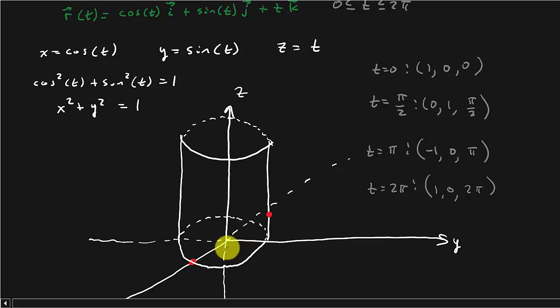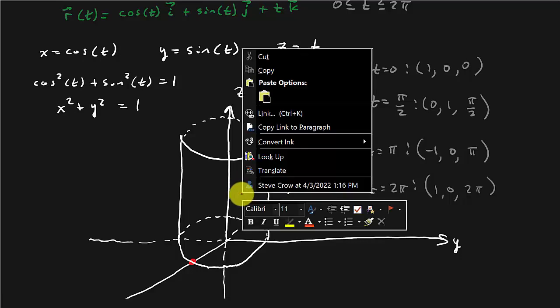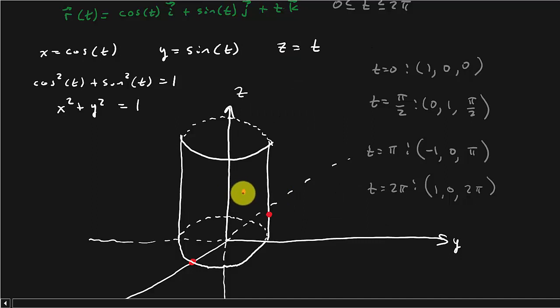All right, now let's plot the point -1, 0, pi. So -1 right here, and the y would be 0, and then we're going to go up pi units, which I guess is maybe right in here somewhere.